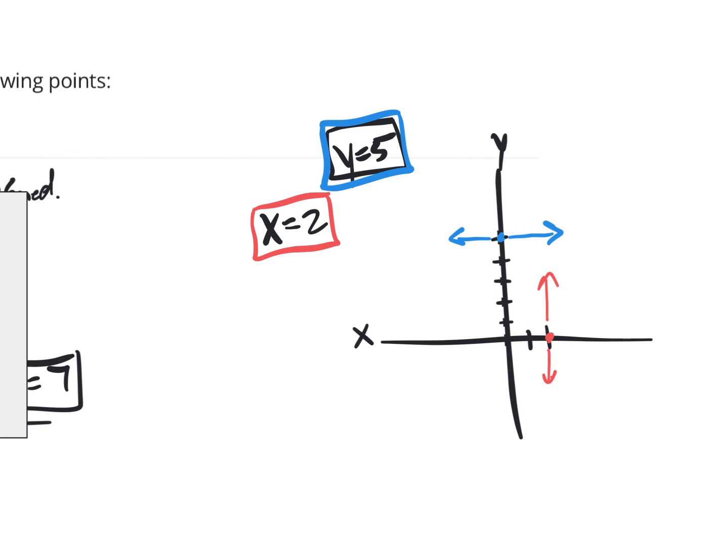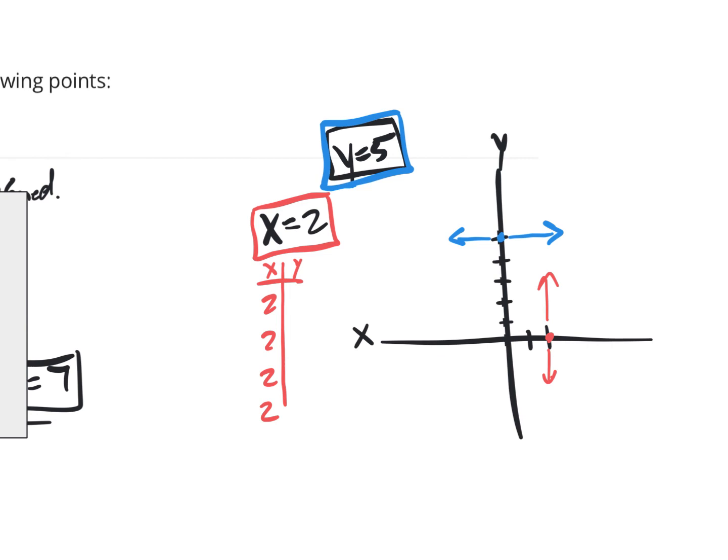Y equals a number will give you a horizontal line. And if you wanted to even dive further, it all goes back to an input-output table. So if you were to focus in on x equals 2 with the input-output table, the only thing that this equation cares about is that your x values are equal to 2. So on your x side, you're going to put a bunch of 2's. 2, 2, 2, as many 2's as you want.